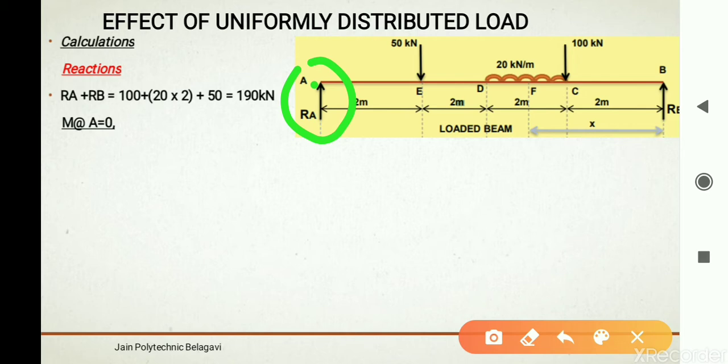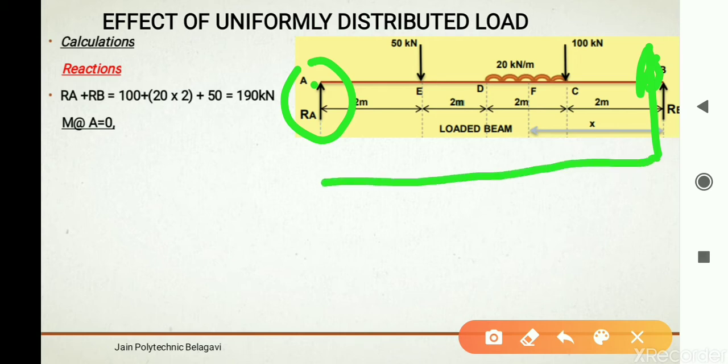So reaction B is going to act in anti-clockwise direction and the perpendicular distance is 8 meters here.